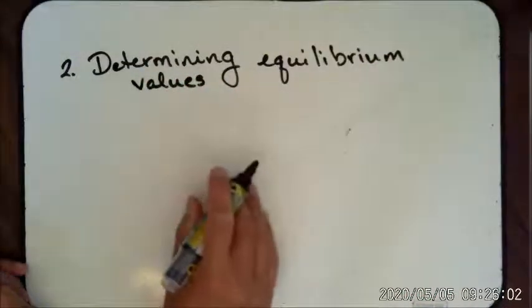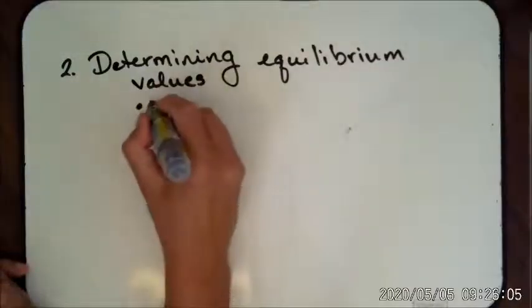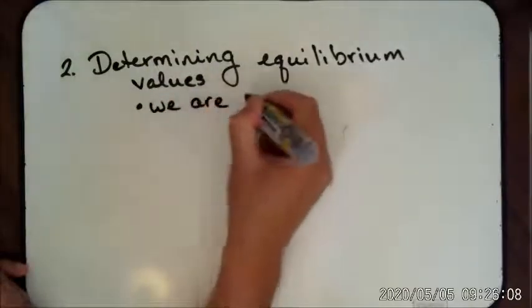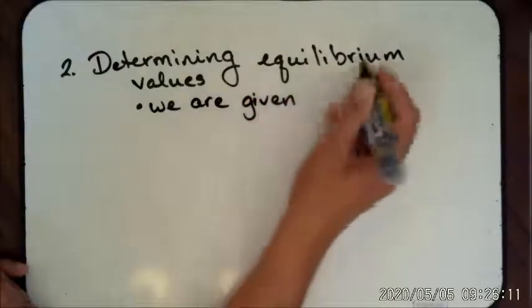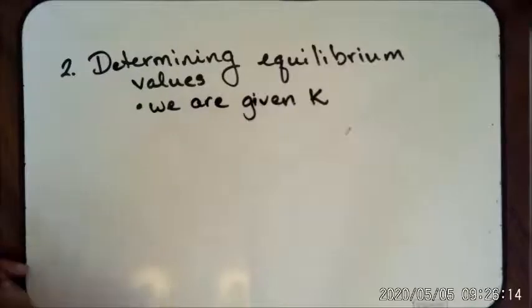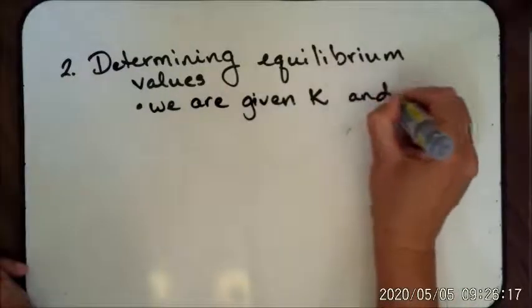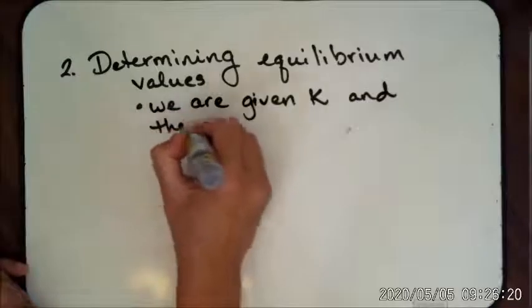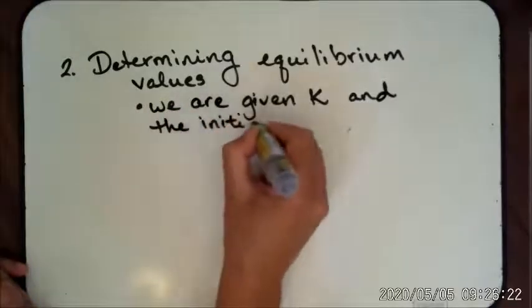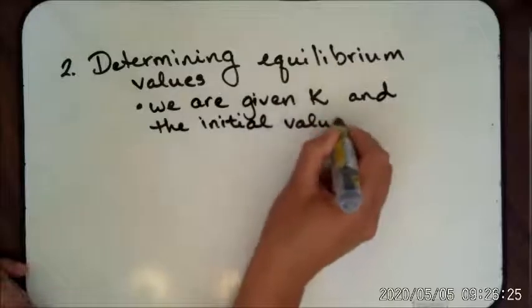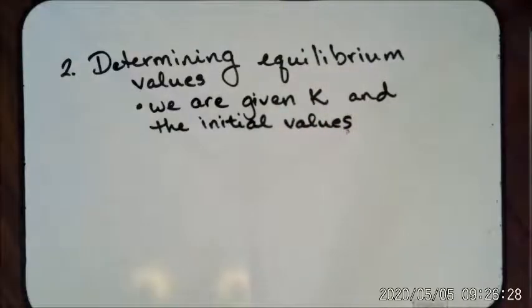When we determine our equilibrium values, we are given, or you can look up in your appendix, the equilibrium constant and the initial values. Any additional calculations extend from either once we get our equilibrium values, getting a specific component, like just doing your unit dimensional analysis, or getting to the point that we can get our initial values.